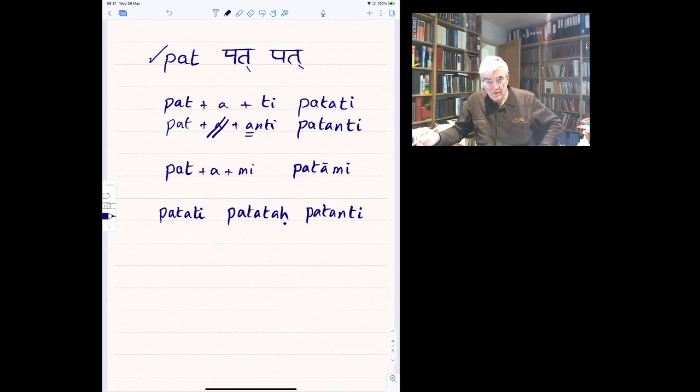And for those who know French and Latin, you'll see that this nt as the third person plural ending that you have in Latin and French, well, it's historically, etymologically the same as this nti ending in Sanskrit and Vedic.